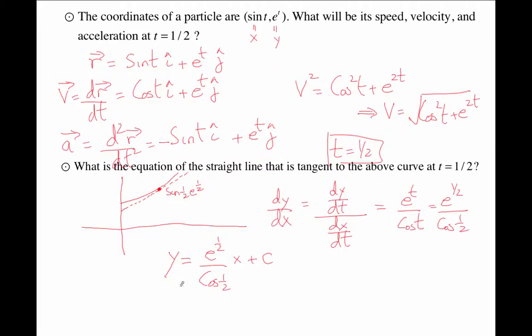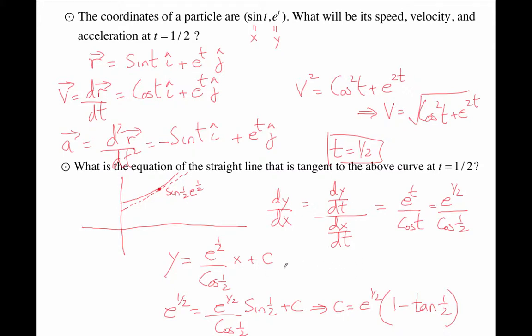Okay, now when y is e to the half, then we have e to the half equals e to the half over cosine of half, and here x is sine half, and so from here we get the value of c, which is e to the half into 1 minus sine half over cosine half, which is tangent of half.